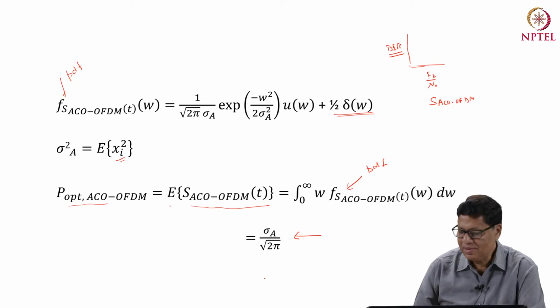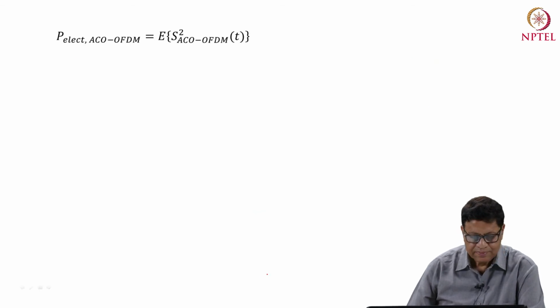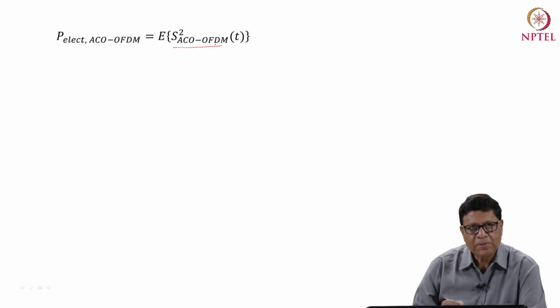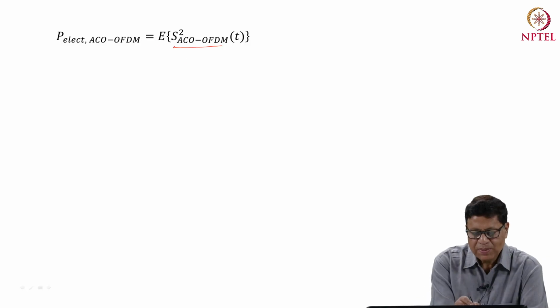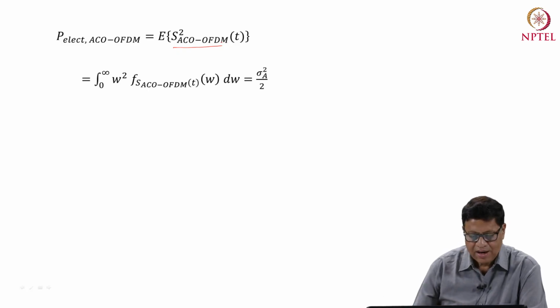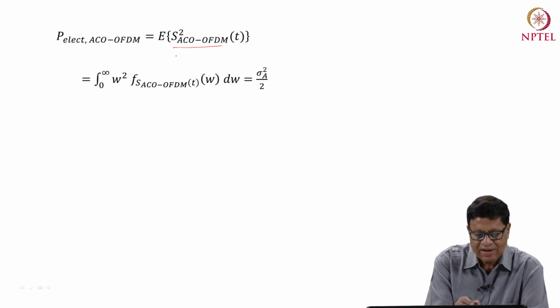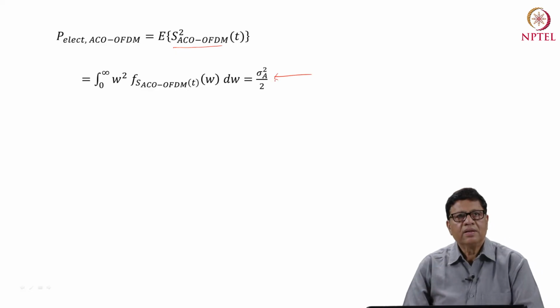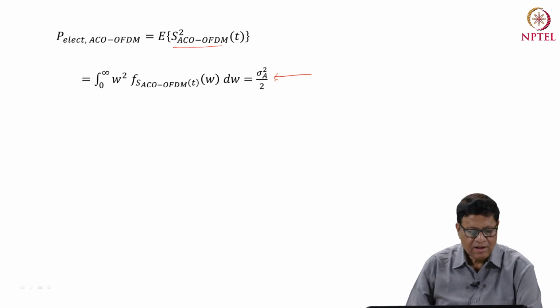So this is the optical power of the ACO-OFDM signal. And if I calculate the electrical power, amplitude is proportional to current, so the expected value of the square of the amplitude, x square ACO-OFDM(t). If I plug in the values of the PDF and calculate this expected value, it will give me sigma A square by 2. So this is the electrical power.